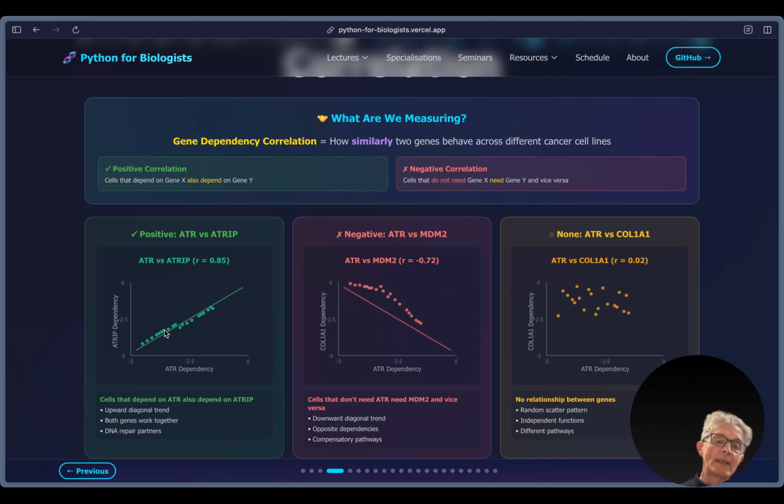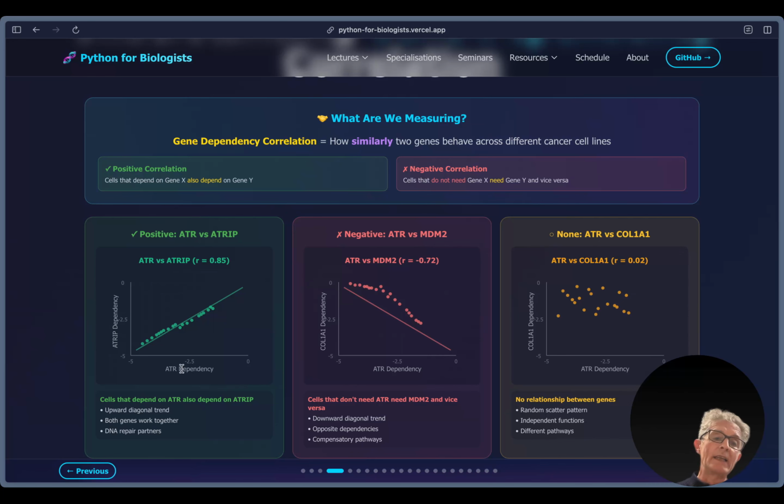So if the cell lines fall onto this nice linear line, if they form this linear structure, that means that cells that are dependent on ATR are also dependent on ATRP. So ATR is almost a predictor for ATRP dependency. And cells that are independent of ATR are also independent of ATRP. And ATRP and ATR work together, so that would be a positive control almost.